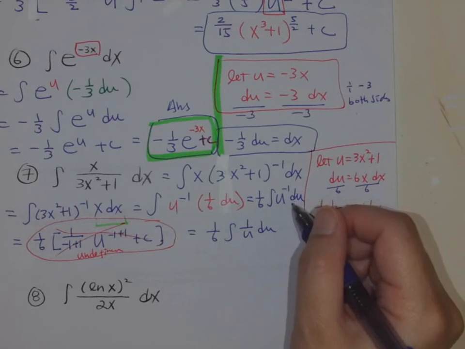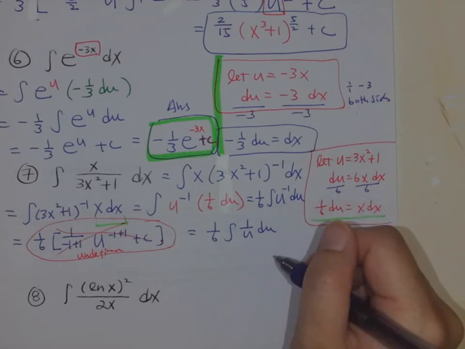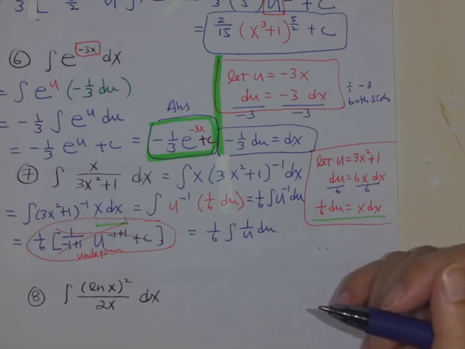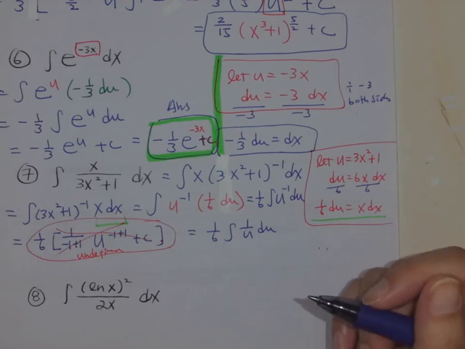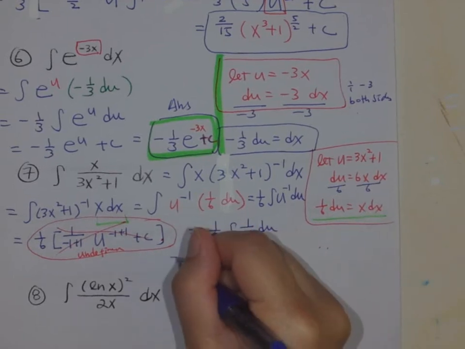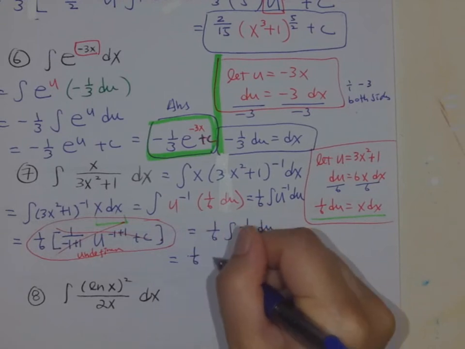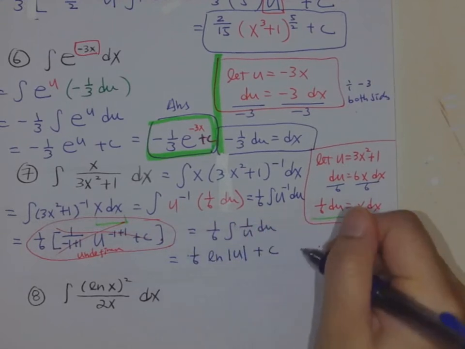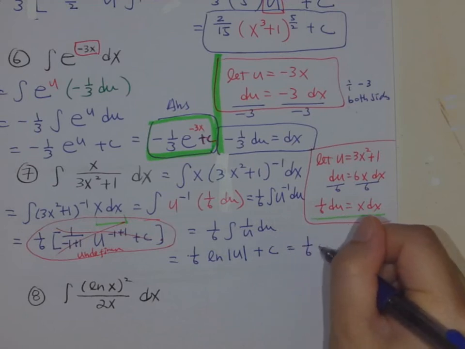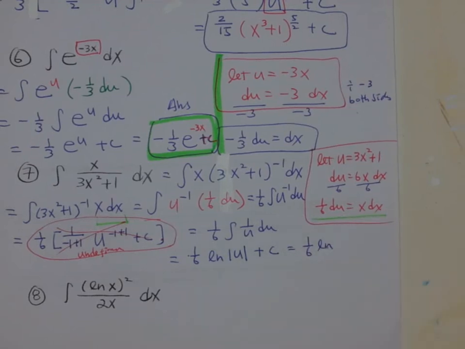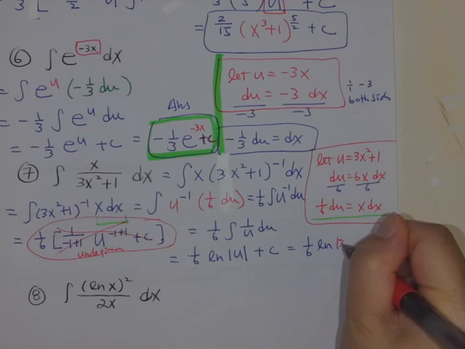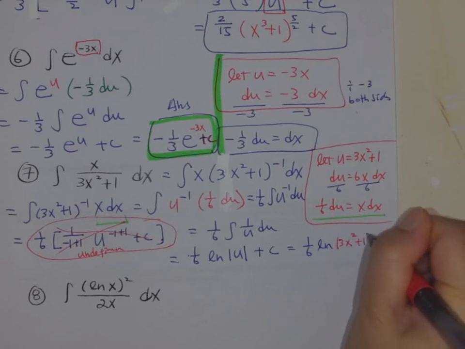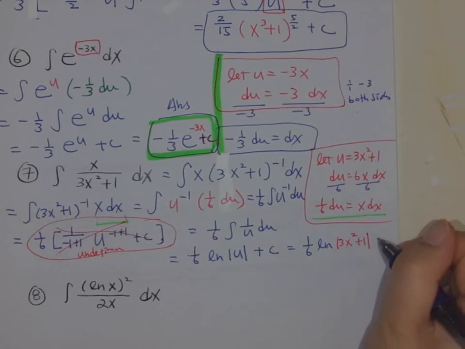So when you have -1 power or 1 over some denominator with the integral, it will turn into ln. So basically this means 1/6 ln of u plus the c, and then we can put the u back, which is 3x squared plus 1, and then add a c.